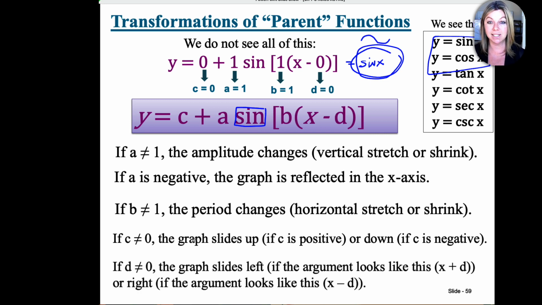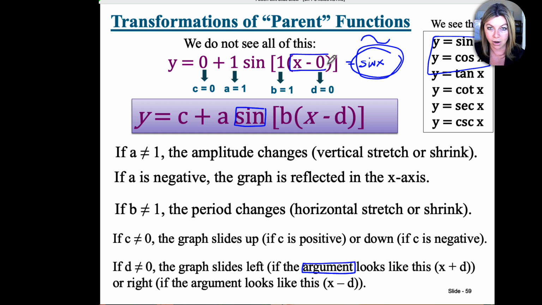Last one. If D, okay, D is currently what's being subtracted from x, which in the parent function, nothing is being subtracted from x. That's why we have minus 0 shown. But if D were not equal to 0, then that graph would slide left or right. Introduction of a new word, argument, that's right here, okay?